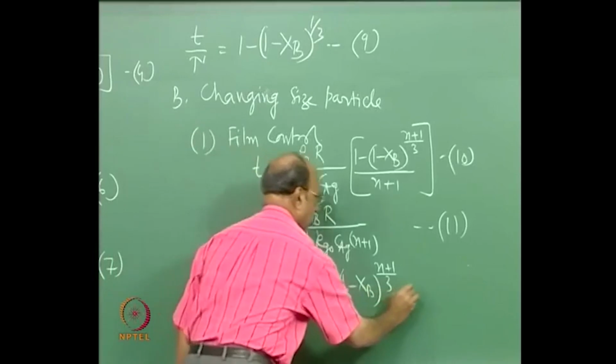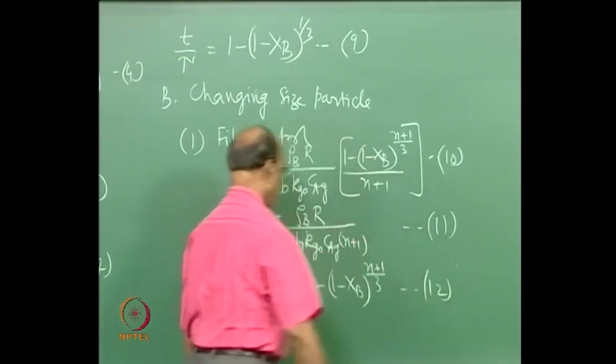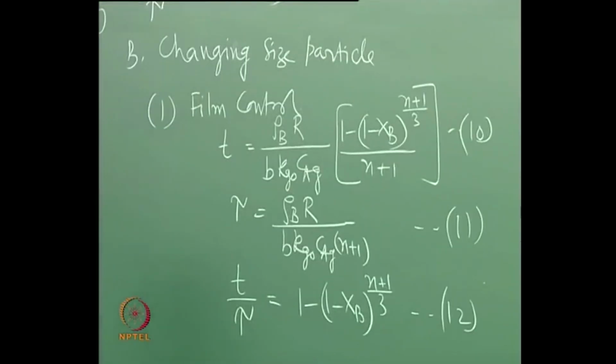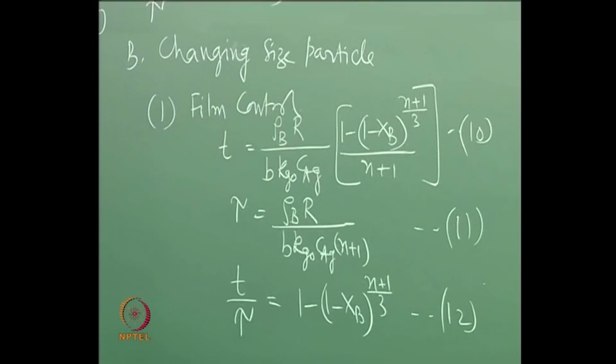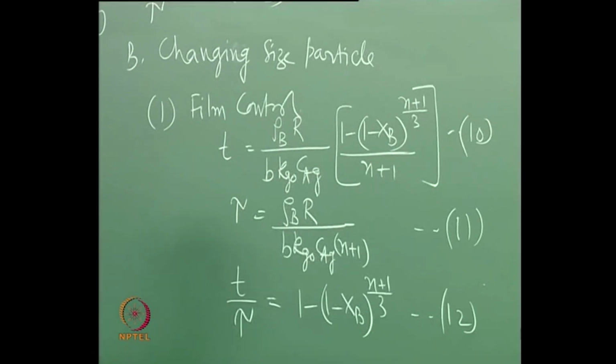Correct, no? Yeah, this is 12. I hope you know the value of n for small particles and large particles. N varies from half to 1, depending on whether you have small particles or large particles.